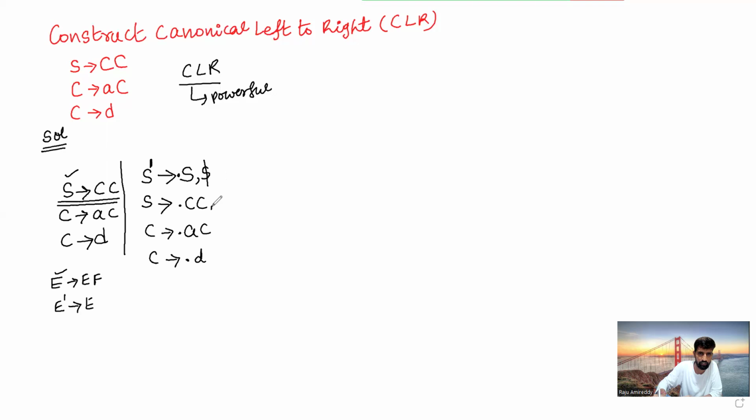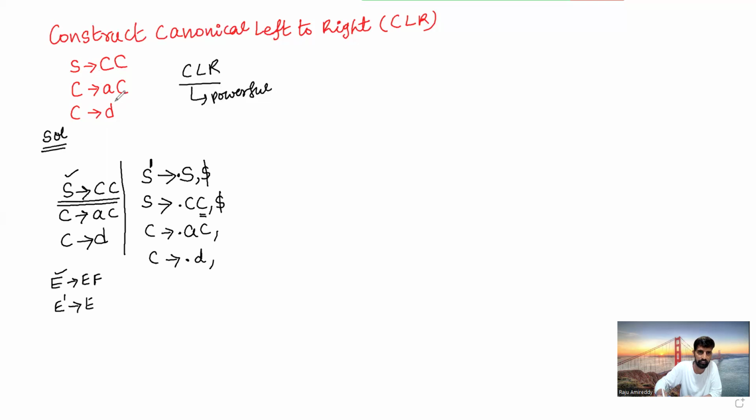Now we need to find the look ahead symbols also. For S → .CC, what about the look ahead? After S, we have dollar, so you write the first of dollar, which is dollar. Now for C, after C we have capital C again. So what is the first of capital C?